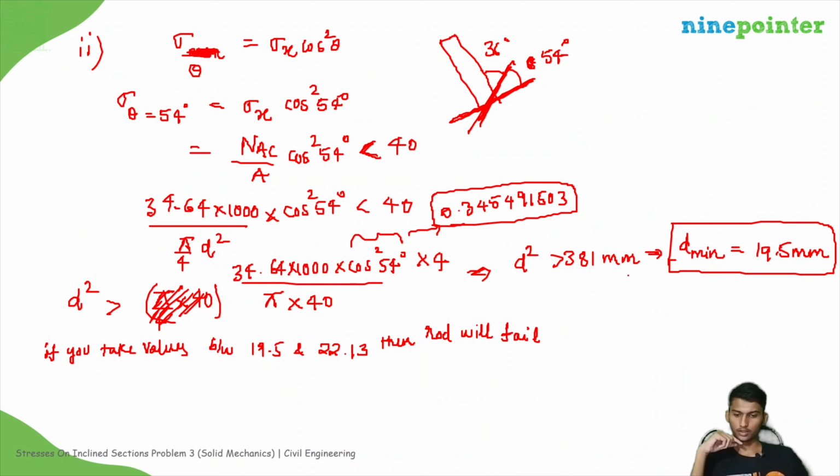The braced joint will be safe, but the rod will fail in simple tension. It will not fail at the braced joint, but it will fail at another section. So D minimum should be equal to 22.13 mm.